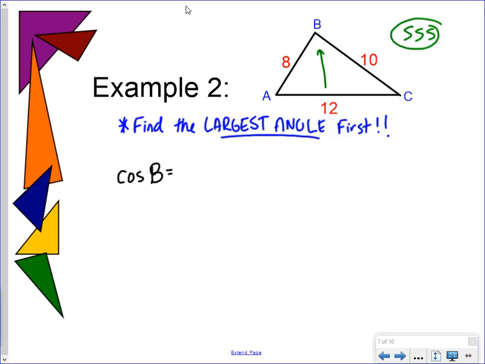Cosine of B equals A squared plus C squared minus B squared all over 2 times A times C. Again, remember, if you don't have math print on your graphing calculator, you may need a group of parentheses around the numerator and the denominator to separate that.